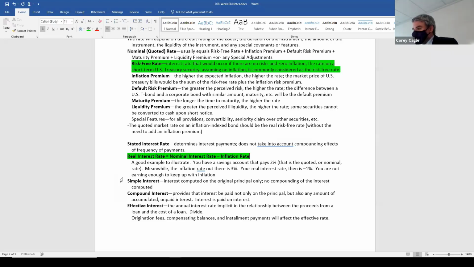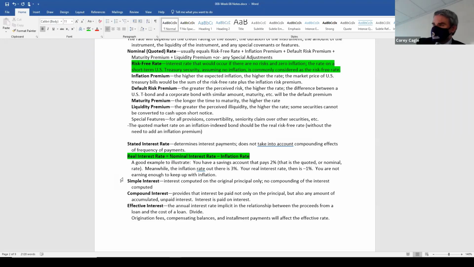Effective rate we've talked about already in here. It's the interest rate that's kind of implicit in whatever the terms of the arrangement are. It's the amount of money you have to pay divided by the amount of money you are borrowing, but really only the amount you're borrowing and free to actually use.